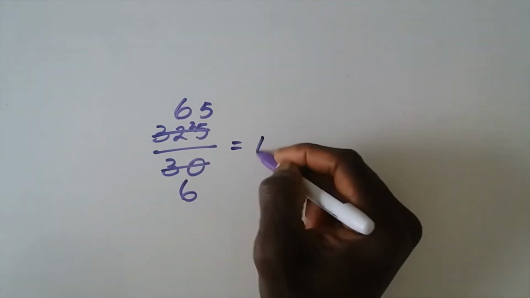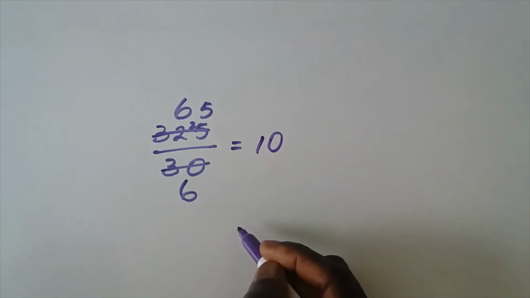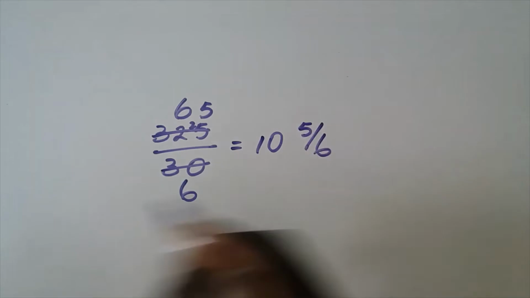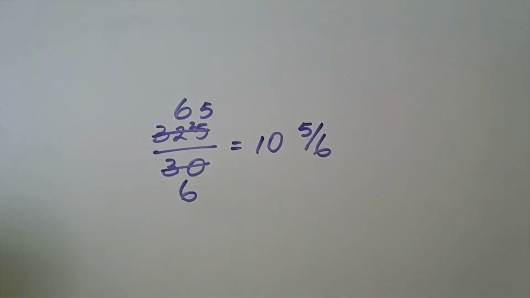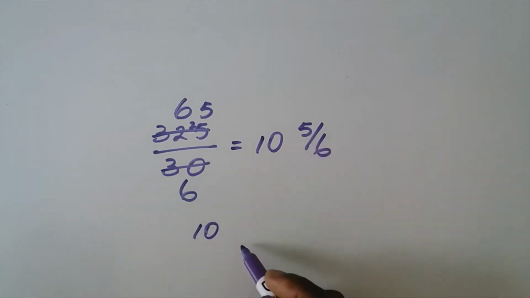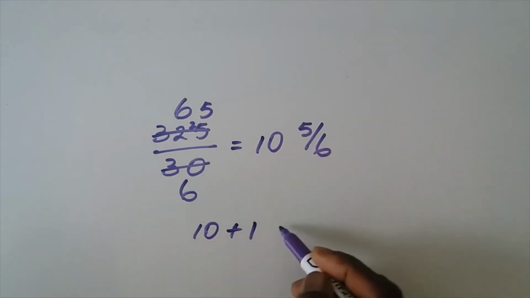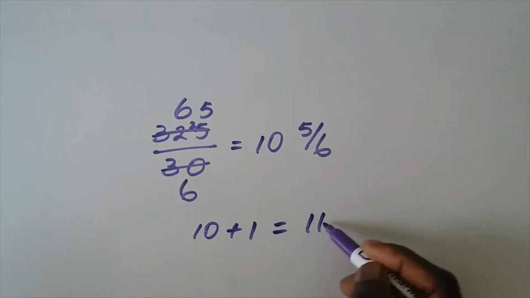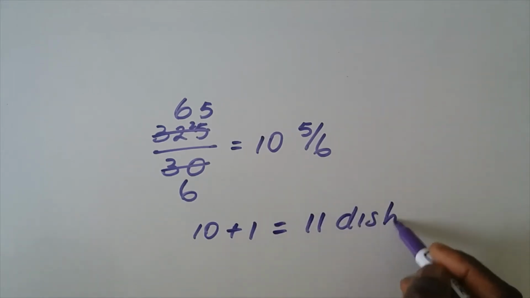Well, we'll have 10, which is 60, remainder 5 over 6. So in order to find out how many dishes you need for all the pies, we need 10, and for the 5 sixths we need an extra dish, so we need 11 dishes.